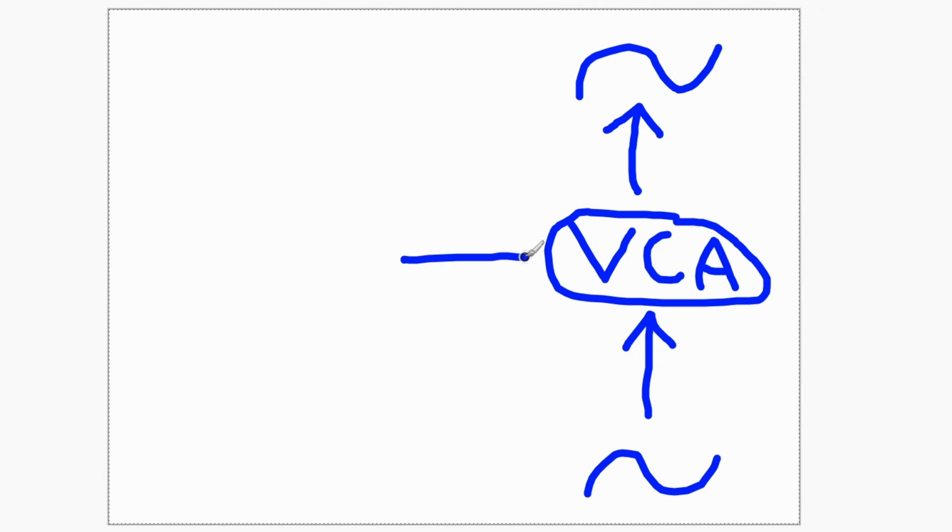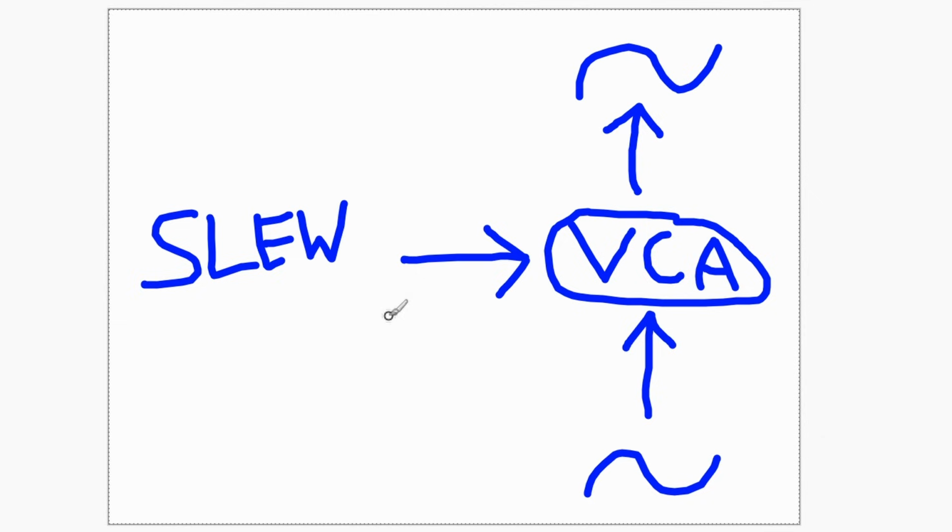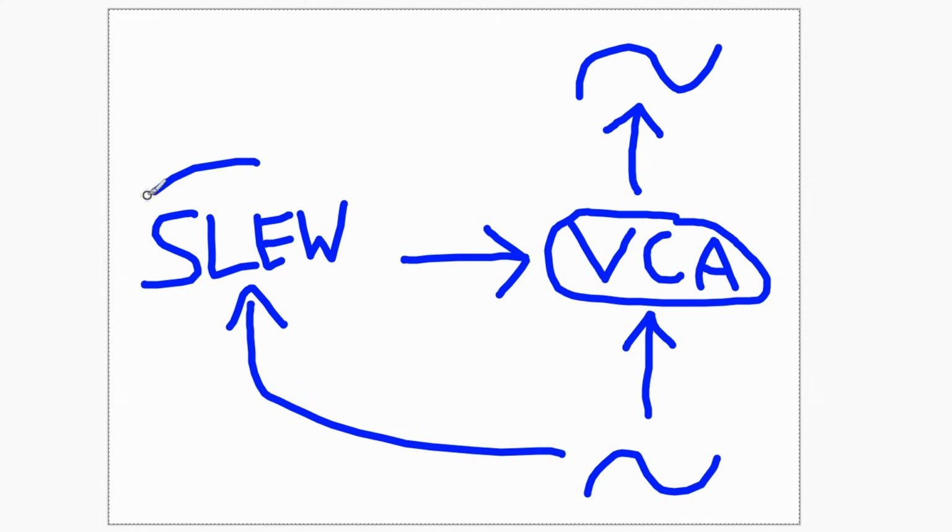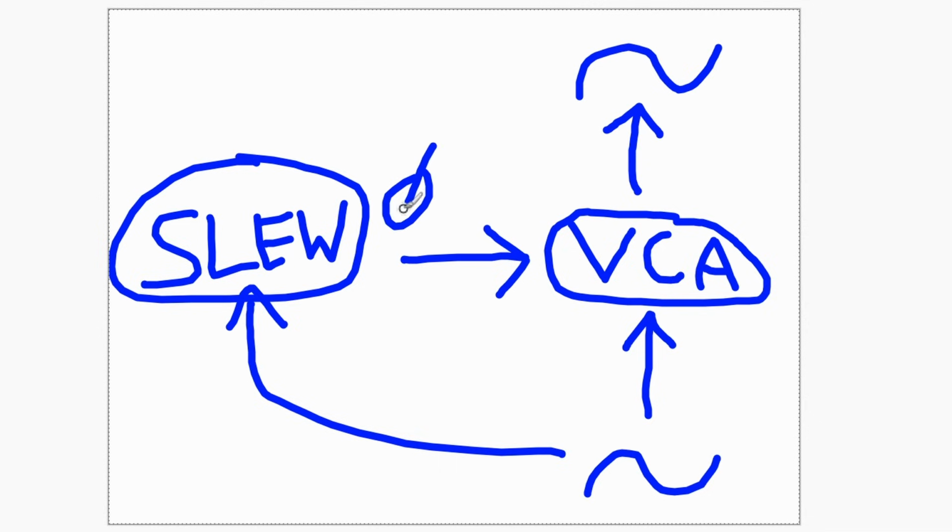So we needed to control the VCA with a control voltage, and we controlled it with our slewed signal that we created using the slew limiter module. We fed the slew limiter module from the input signal. Then we generated the control voltage. We actually inverted it, so I could also do polarity sign here.